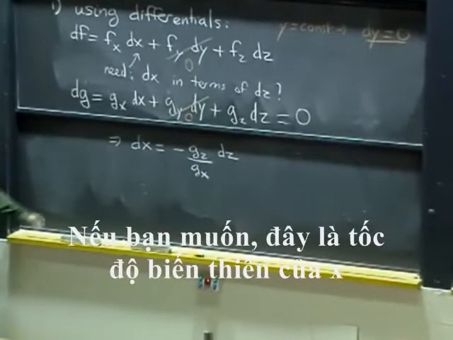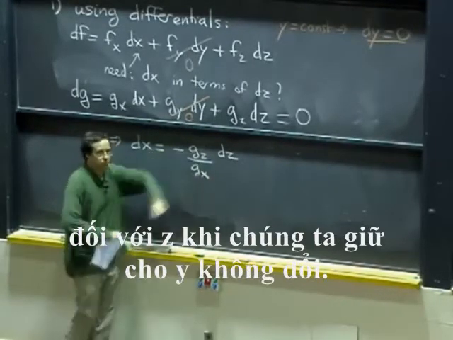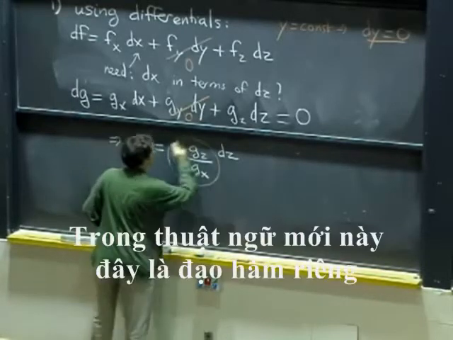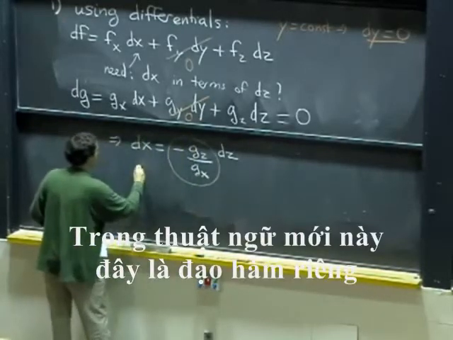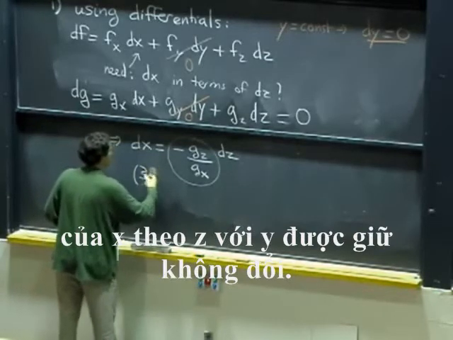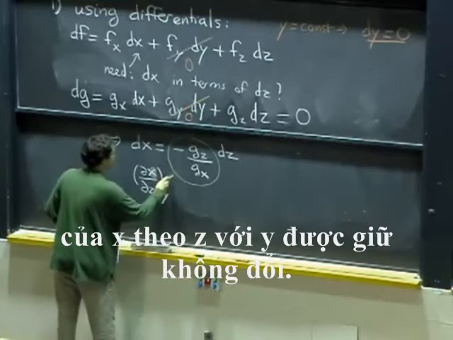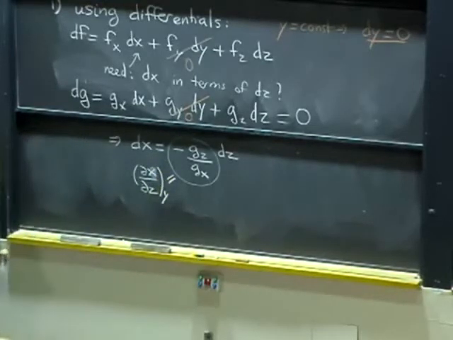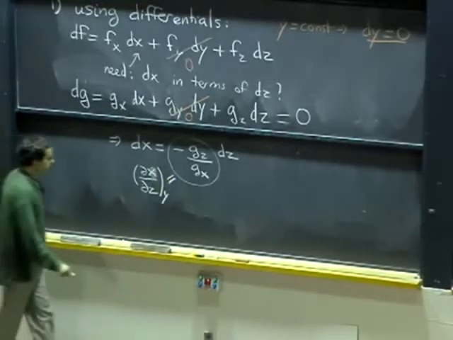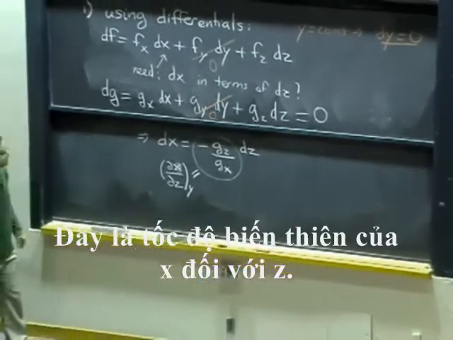So if you want, this is the rate of change of x with respect to z when we keep y constant. In our terminology, this is partial x over partial z with y held constant. This is the rate of change of x with respect to z.